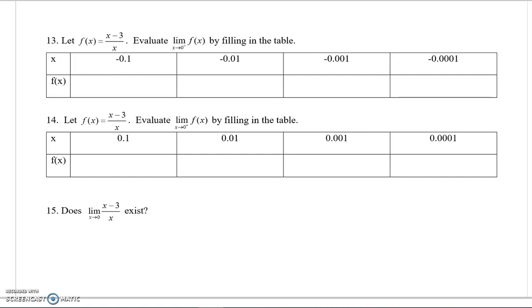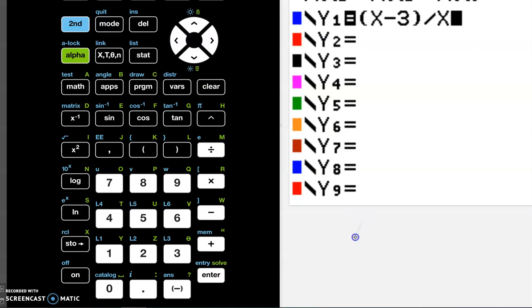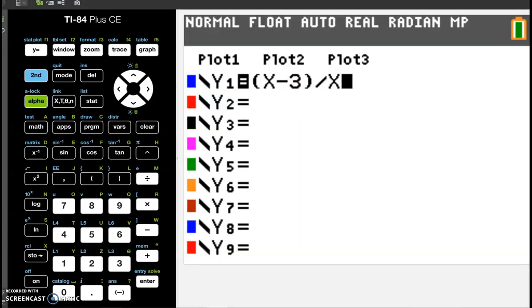I'm going to start with numbers smaller than 0 and then approach it. I've already pre-placed this function into my calculator. So it's not a bad idea to pause your video now and get that in there. I know different ways I can approach my table, so let's talk about our table.